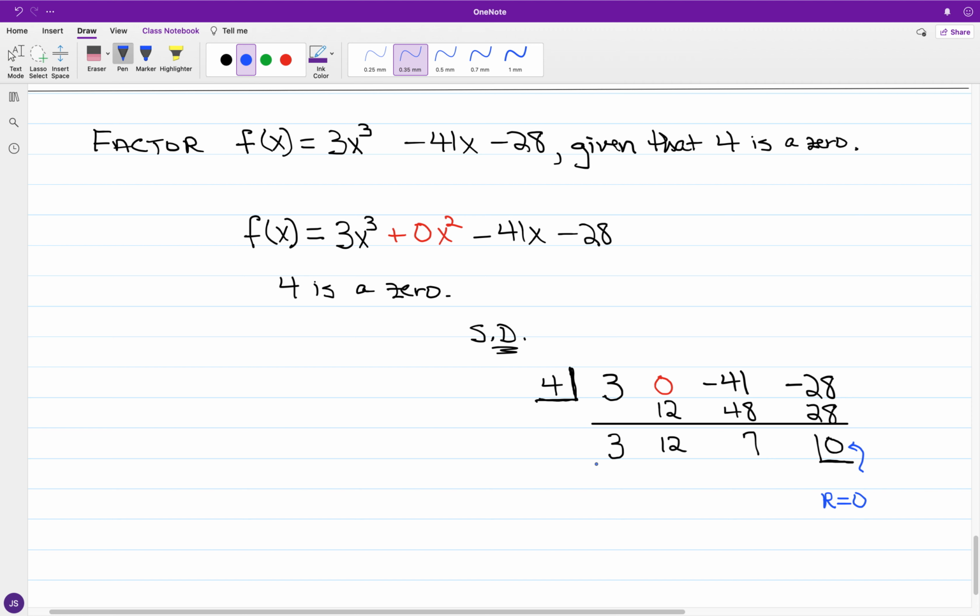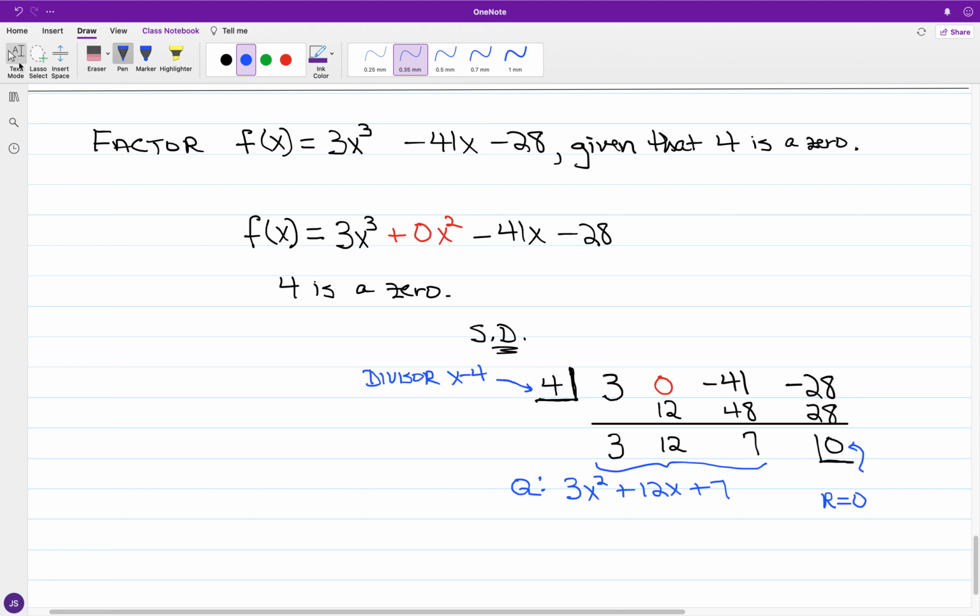So the remainder is equal to 0, and as for the quotient, the 3 at the front registers as the first term 3x squared, and we have plus 12x plus 7. As for the divisor, 4 is a 0, so think of it like x equal to 4, set up as an equation equal to 0, and that which would be equal to 0 is the divisor, which is x minus 4.